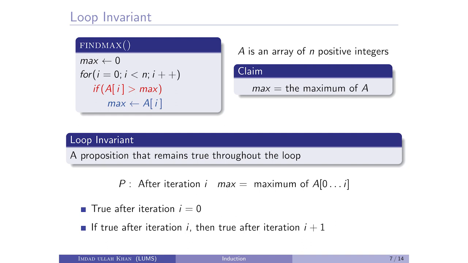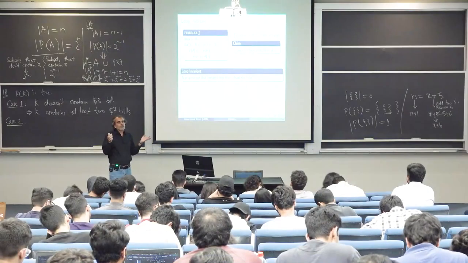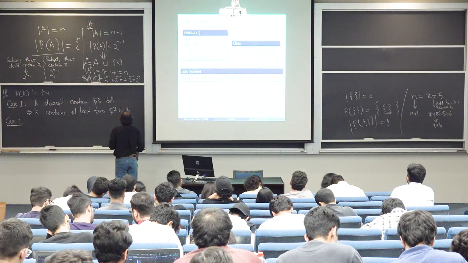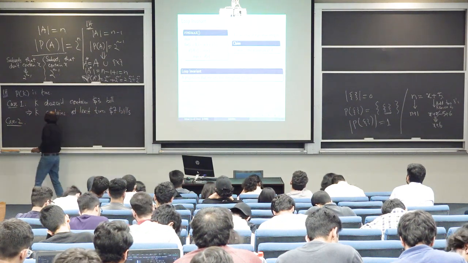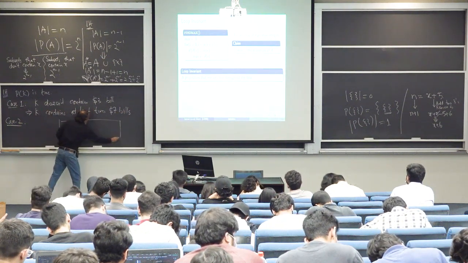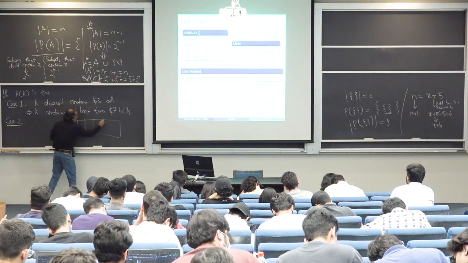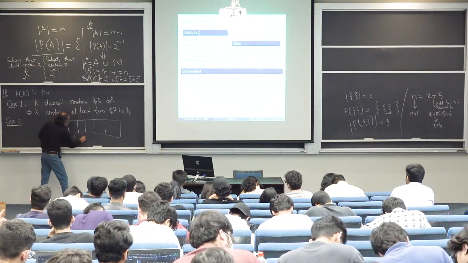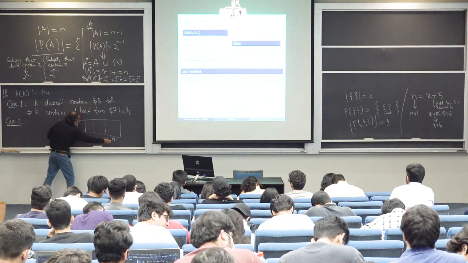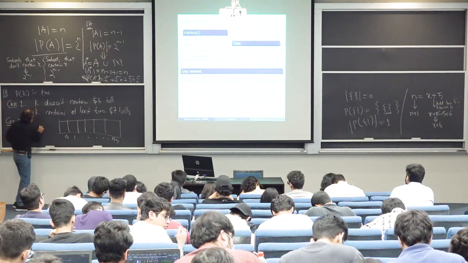A loop invariant is a proposition that remains true throughout the loop, right? So if you look at the claim again, it says max is the variable which is storing the largest number. If this is the array, it is running from 0, 1, 2 up till some n or n-1, the last index. So max is something.